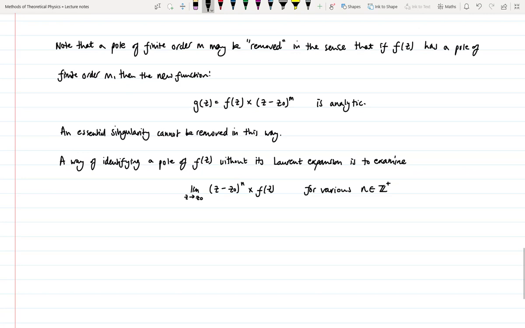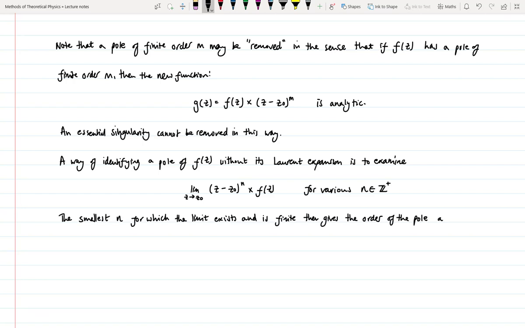Okay, so if you construct that expression and take the limit as z tends to z naught, then it turns out that the smallest n for which the limit exists and is finite, that then gives the order of the pole at z equals z naught.